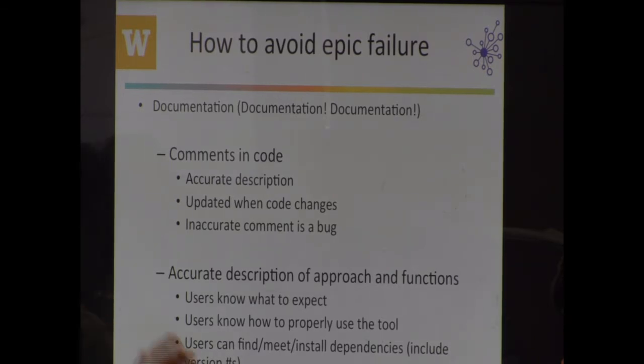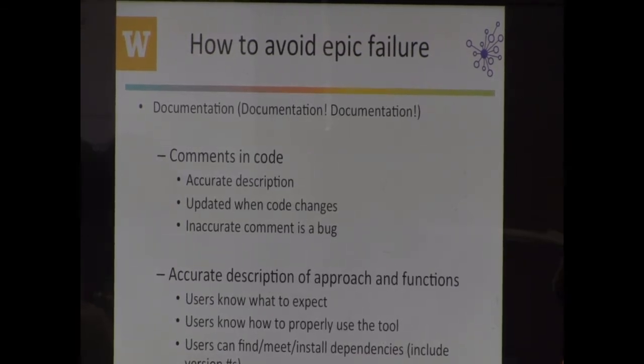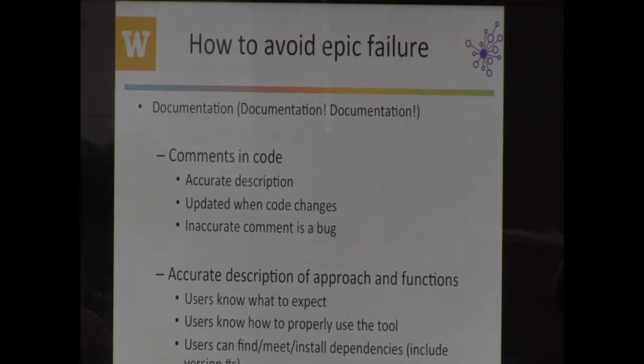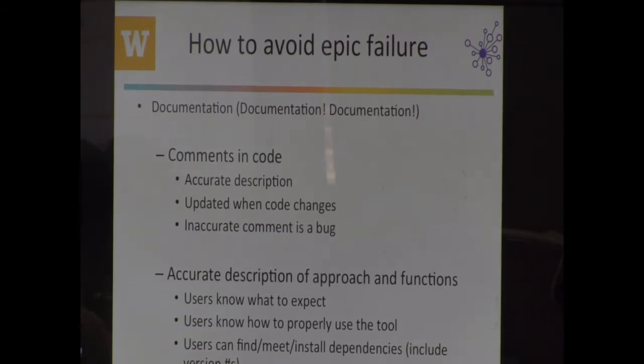And then there's conveying to users, not people that would be reading your code, what they should expect and how to properly use the tool. This is what I was talking about earlier, and then all the dependencies that are required to actually run your code. One thing I'll add here is that if you have an existing team working on a project, and you bring in a new member, like a fresh graduate student or an undergrad or even a new postdoc, one of the great things to have them do is survey, update, and then improve the documentation.